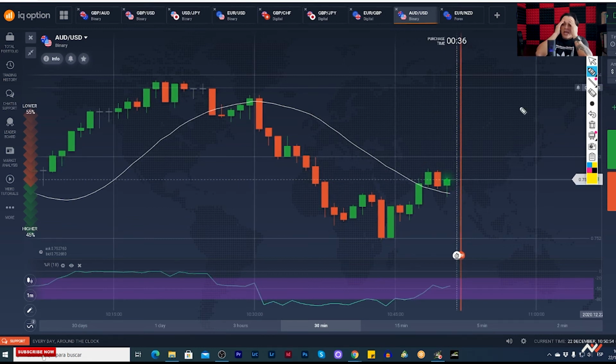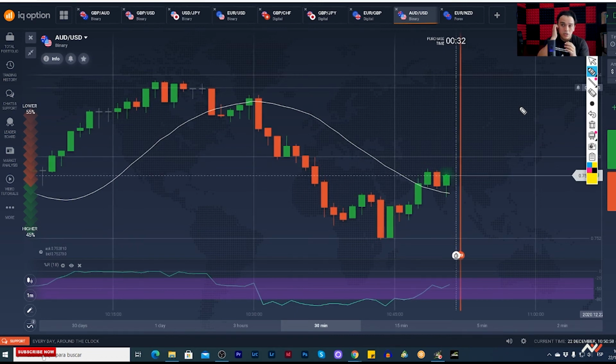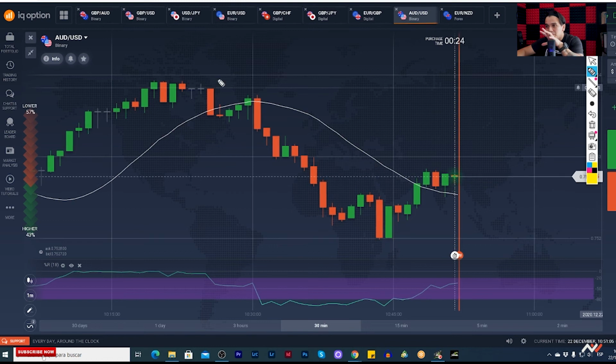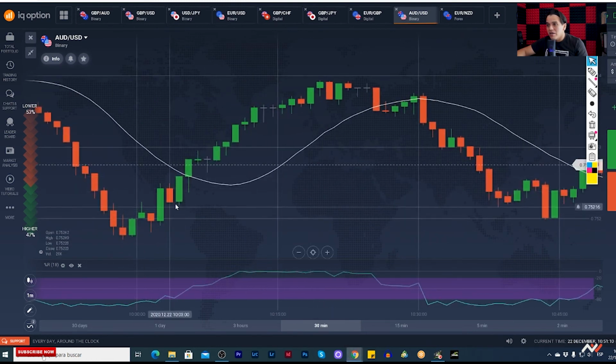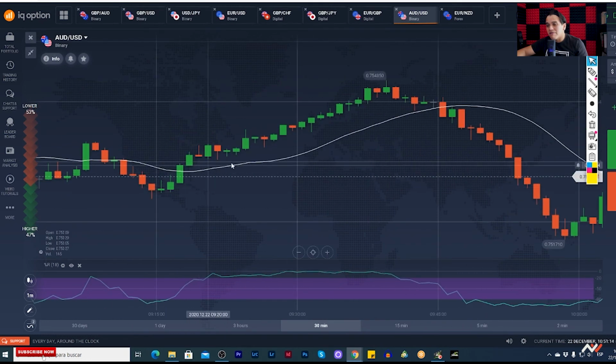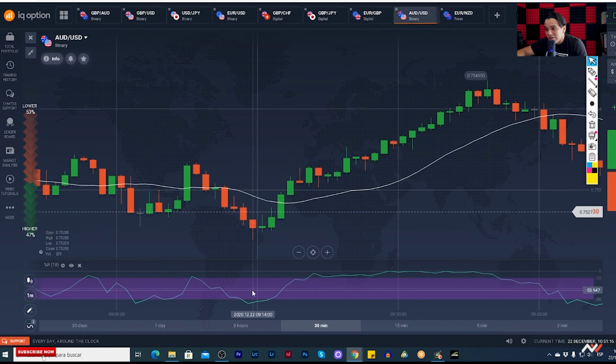So I think we have the idea of how this strategy works. It doesn't require too much experience, and we wait for this stable market. This is the beauty of the market. See, it respects everything. In the money here, in the money here, in the money here, in the money here, and even here.